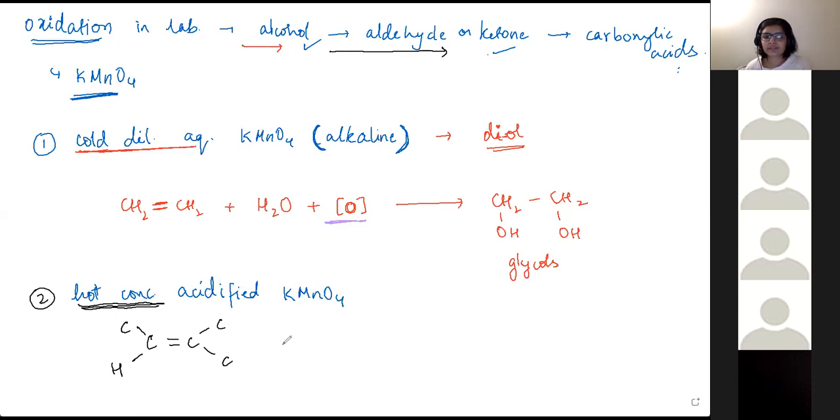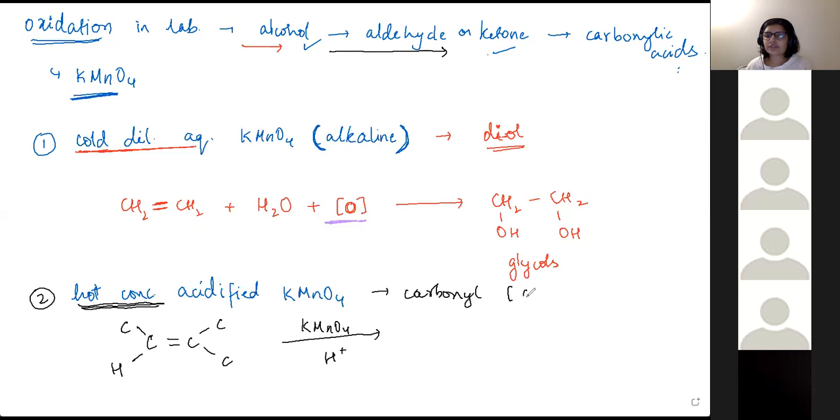Okay. So if I'm treating this with acidified KMnO4 in H+, then whatever alcohol you get, even if there's an OH group added on both sides, is going to get further oxidized to carbonyl compounds.